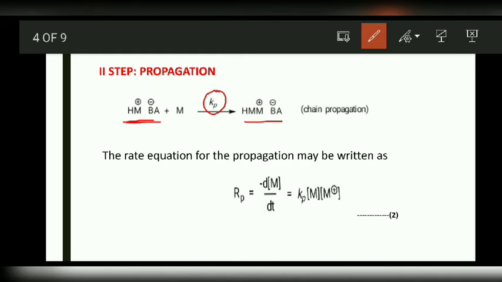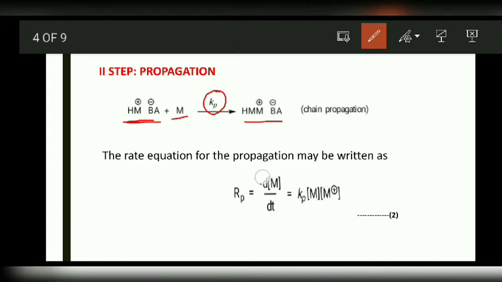The rate equation can be written as Rp is equal to minus dM by dt. What is this dM by dt? It is the rate of change of monomer concentration. Why have we used minus? Because we are going to write the rate equation with respect to the monomer, and the concentration of monomer decreases as the reaction proceeds, isn't it?